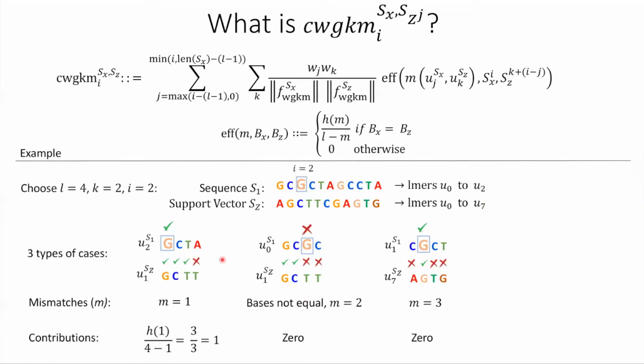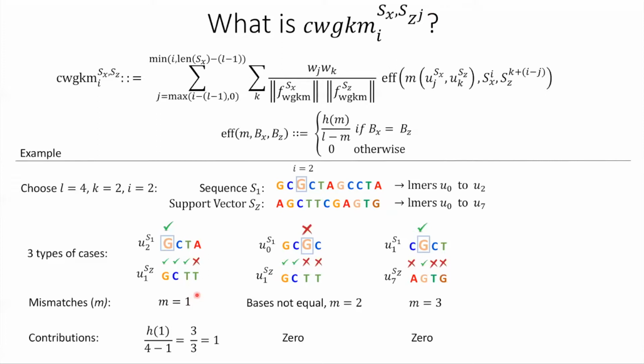So here, in the first case, we are looking at Elmer U2 from S1 and U1 from SZ. The position of interest, which was I equals 2, is the first position in this Elmer. Now, this Elmer pair has the number of mismatches as 1.